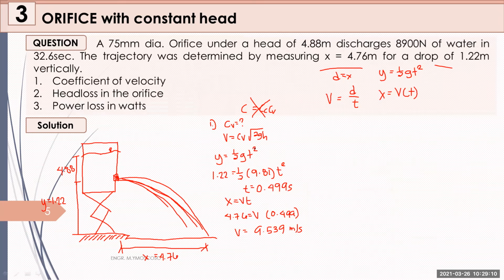So therefore, pwede na natin makuha yung CV ninyo. That would be 9.539 is equals to CV times square root of 2 times 9.81 times yung height natin na 4.88. Kindly confirm sa mga values, guys, ha? I'm not certain sa values talaga. Sige nga, kindly solve.